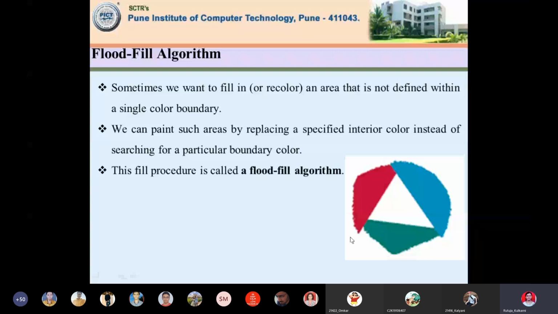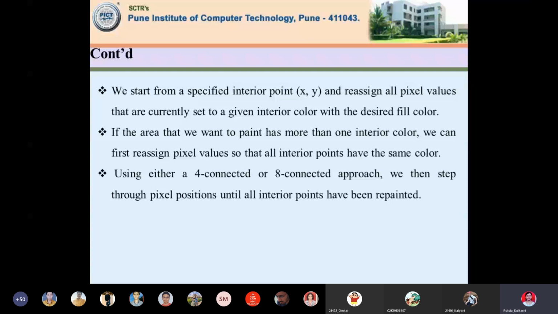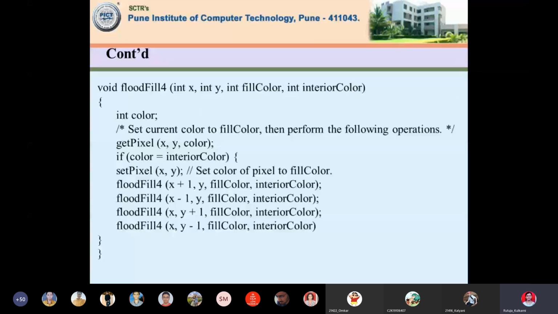Here I have shown you the picture as well. We can paint such areas with whatever color we want. How are we going to check for flood fill, which colors are we going to check? The approach is similar to that of the boundary fill algorithm. We use either a 4-connected approach or an 8-connected approach. We just check whether the color is equal to the interior color, and if so, fill with the fill color.